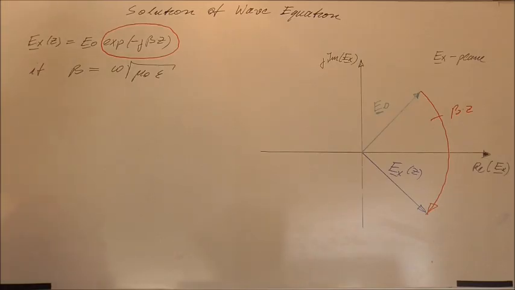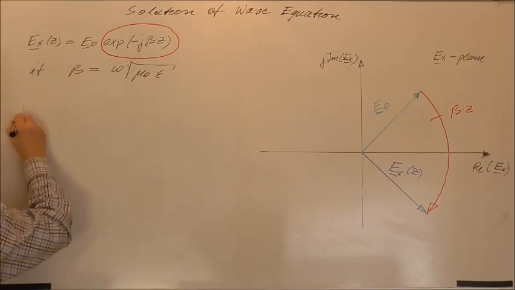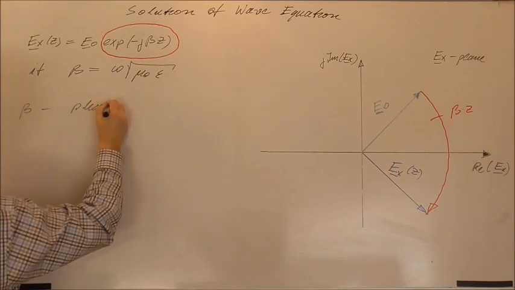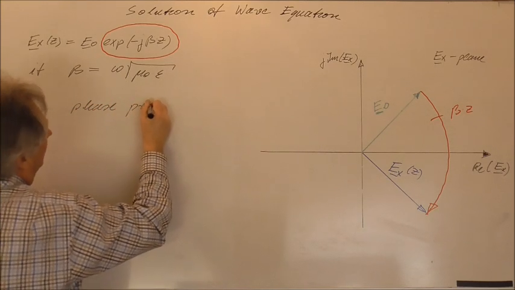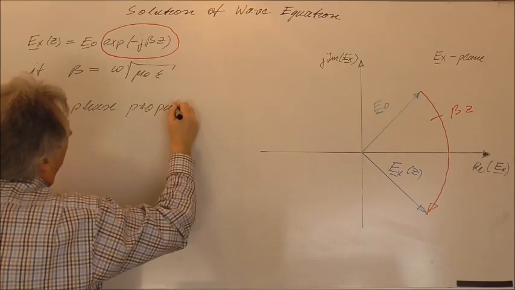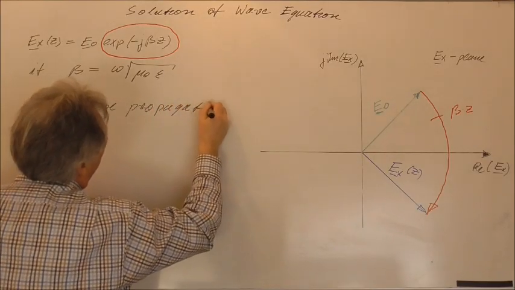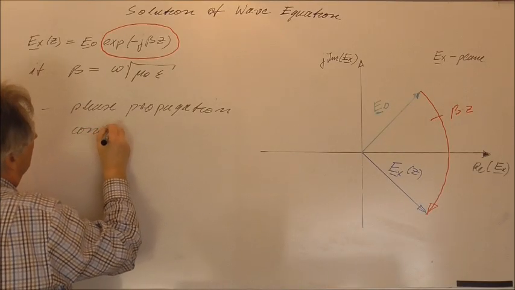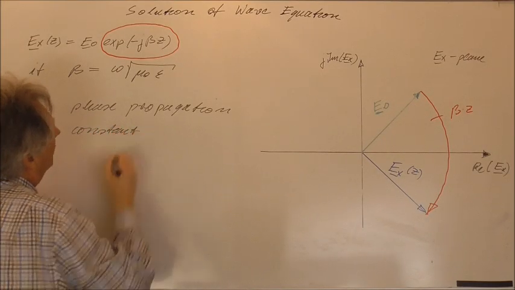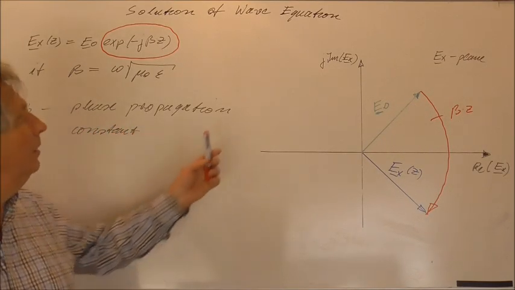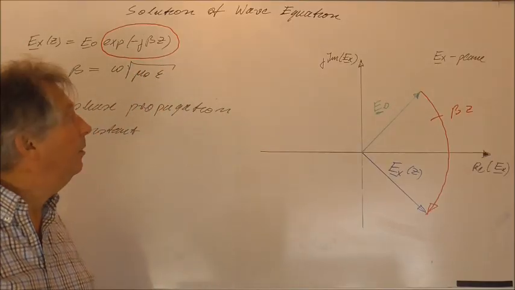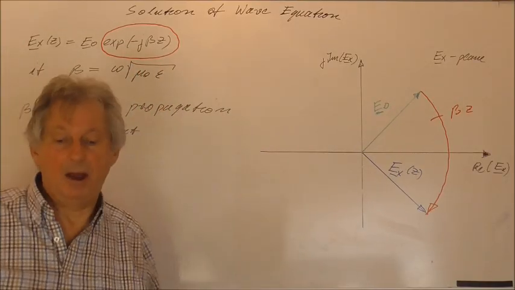And this is why beta is called the phase propagation constant. And in the next step we will discuss what will be the influence on this term for the real space and time function.